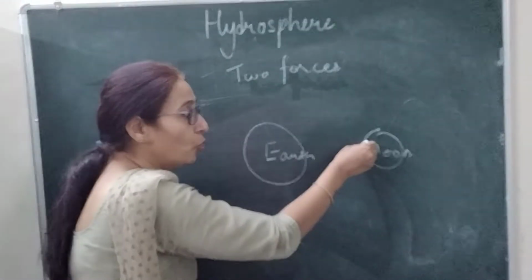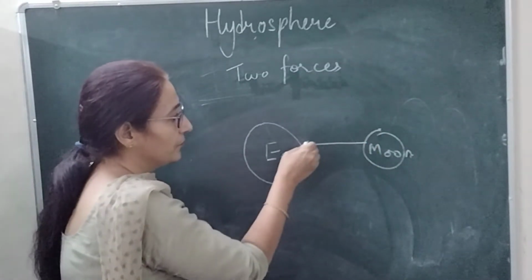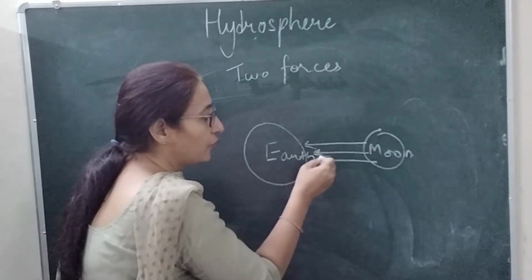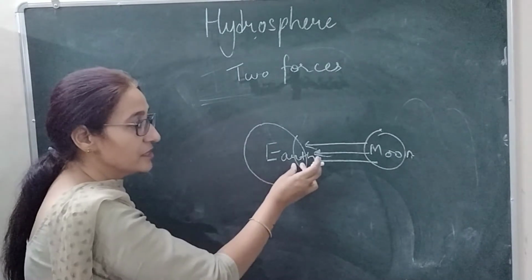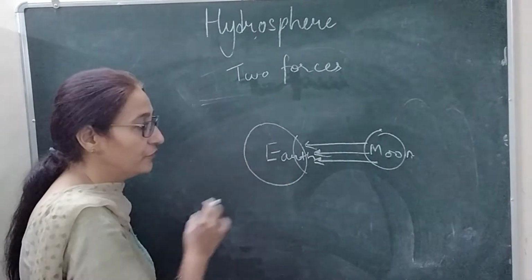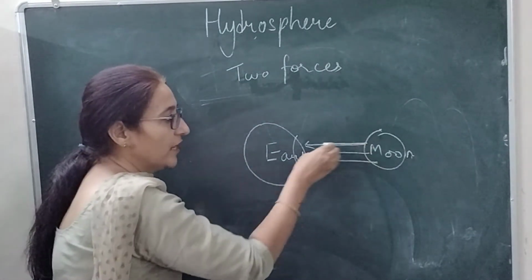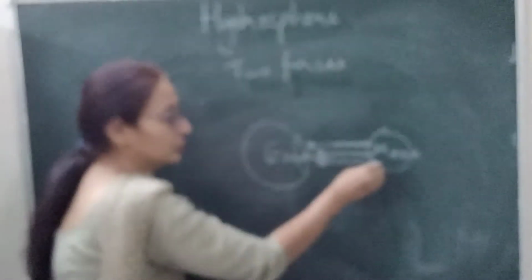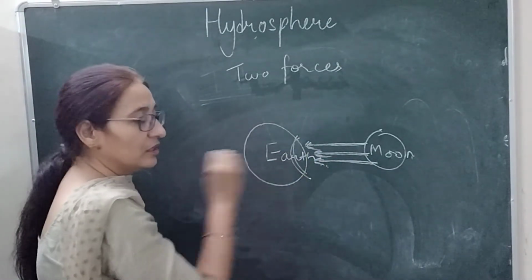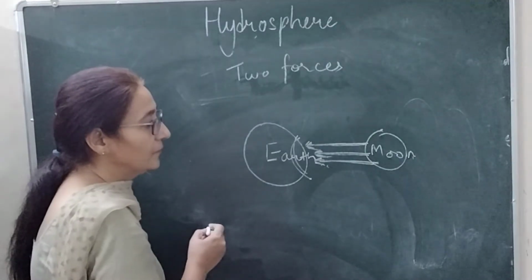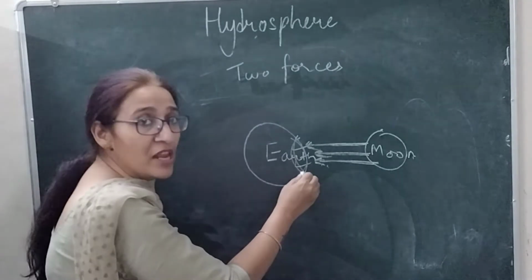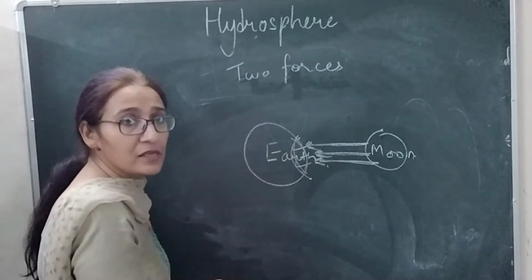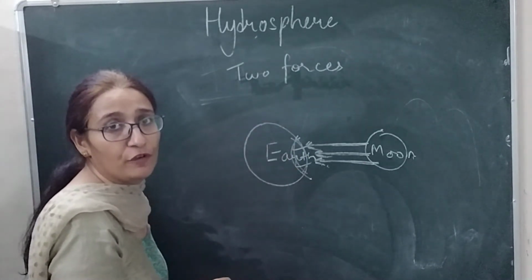Now, as we know, the Moon exerts gravitational force on Earth on this side. We can say this is the east side of the Earth. If the Moon exerts gravitational force on Earth, then the water level will rise due to the gravitational force of the Moon.